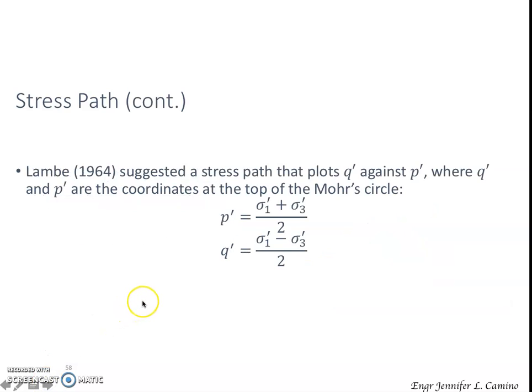The stress path, according to Lambe, plots Q prime against P prime, where Q prime and P prime are the coordinates of the top of the Mohr circle, and can be expressed in these equations. P prime is equal to the effective stresses, major principal stress plus minor principal stress, all over 2, and our Q prime is equal to the effective major principal stress minus the minor principal stress, all over 2.